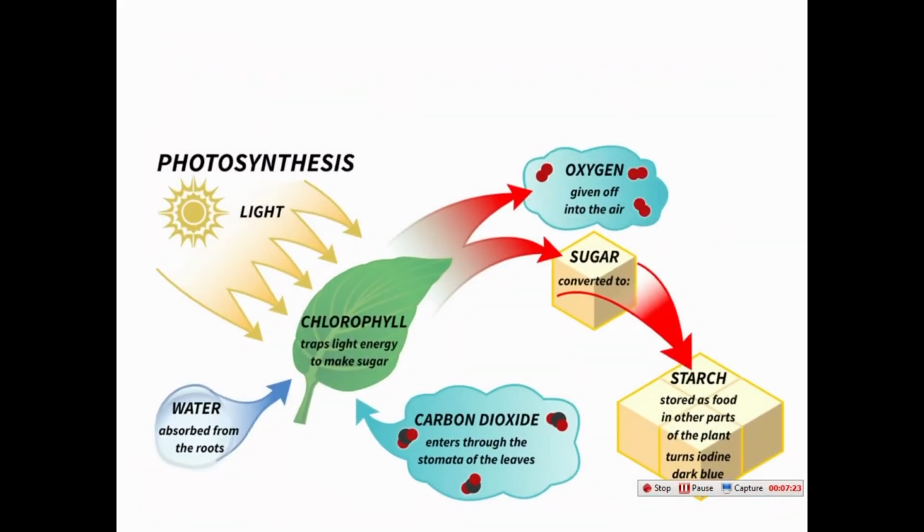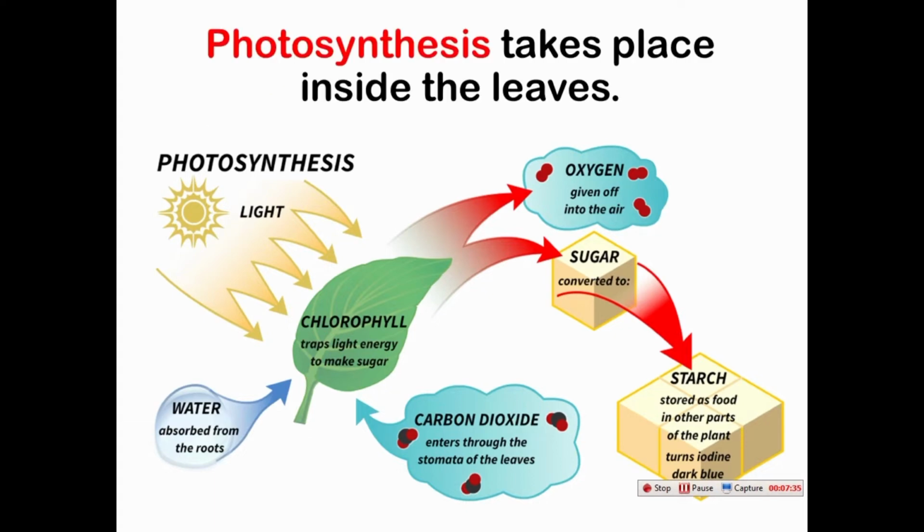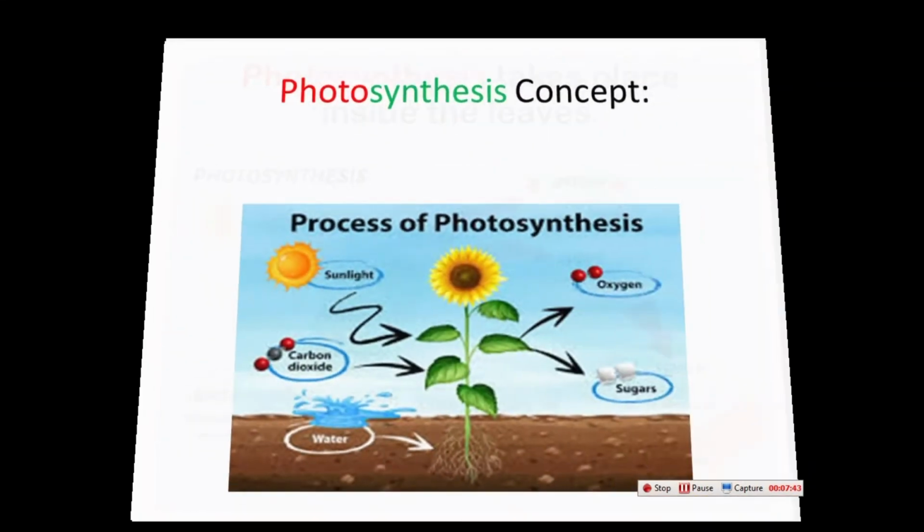You can now open your book on page 7. Let's start. We'll talk about photosynthesis. Photosynthesis takes place inside the leaves. You can see there in the picture. What's the meaning of photosynthesis?